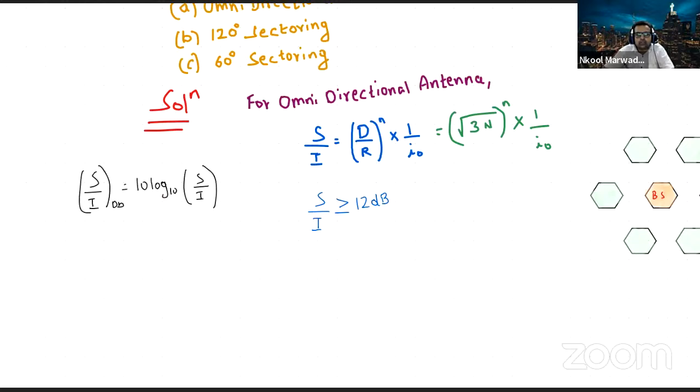So I have to convert this 12 dB into pure S by I. I'm writing the unit so that we don't get confused: 12 dB divided by 10, bringing the 10 to the denominator, equals log base 10 S by I.